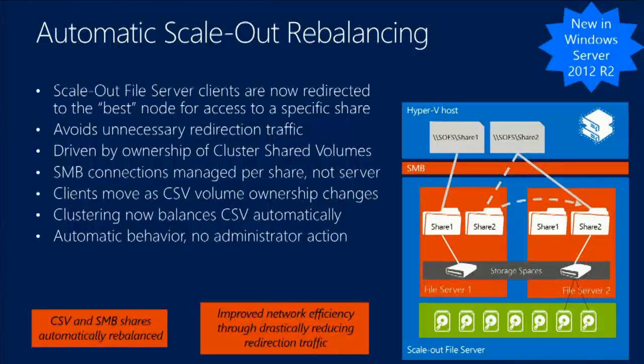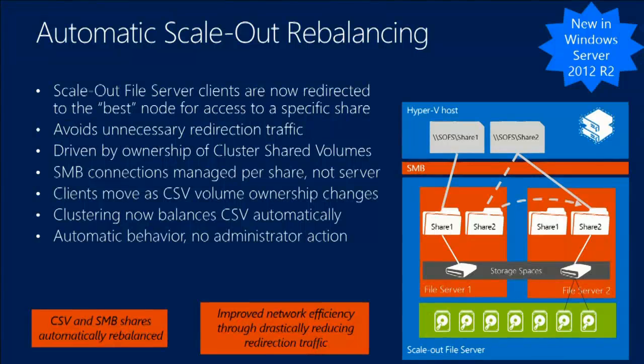So if you have different nodes, each owning different cluster shared volumes, we will spread the cluster shared volumes, which will then spread the shares. And now we can make that balancing work really nicely in a private cloud scenario. Okay? So those are all new capabilities in R2.